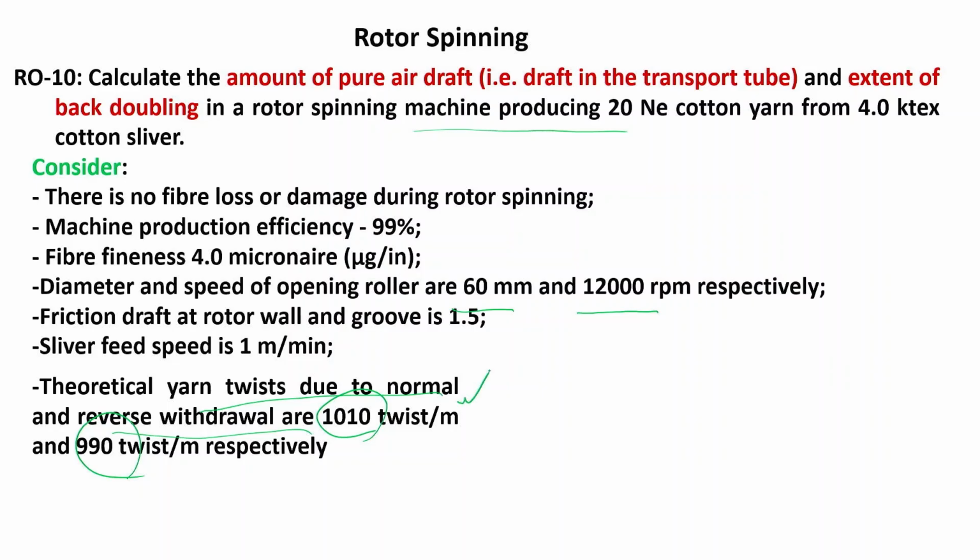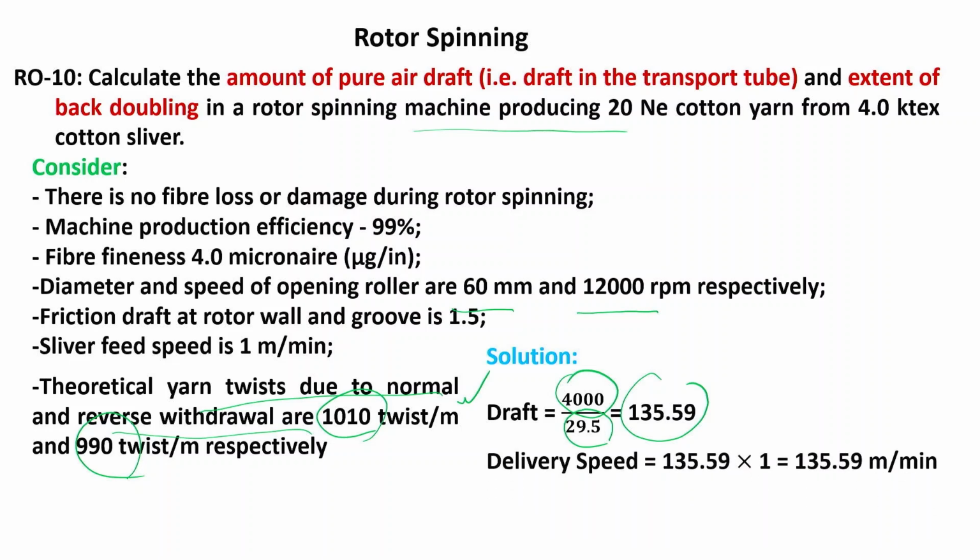This is the theoretical yarn twist. So what you have to calculate is the pure air draft in the transport zone. Total draft is calculated from the sliver tex by yarn tex, and delivery speed is calculated because 1 meter per minute is the feed speed.